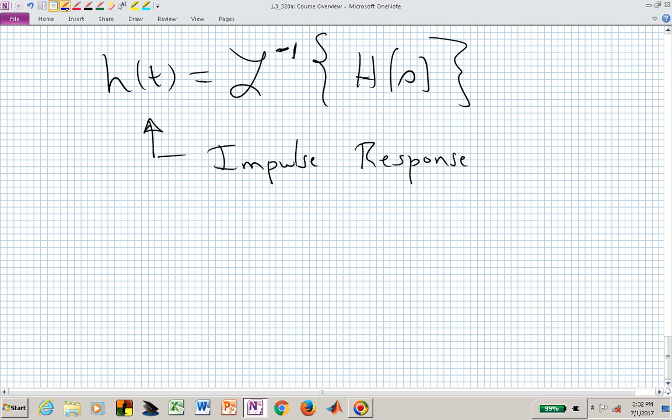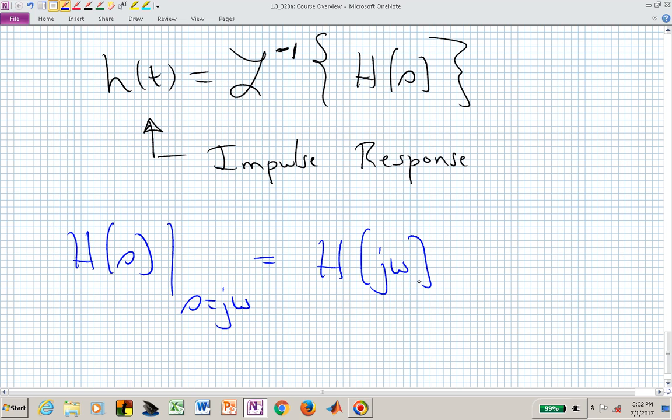That will also open up the opportunity to talk about a frequency response, where we might restrict our attention in this transfer function description to when the complex frequency variable S is restricted to the imaginary axis, or when S is equal to j omega. That gives us a frequency response description of our system, and that becomes useful.